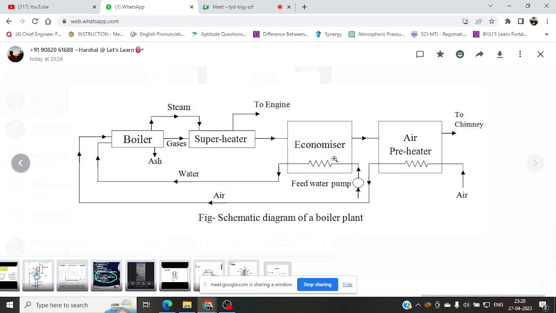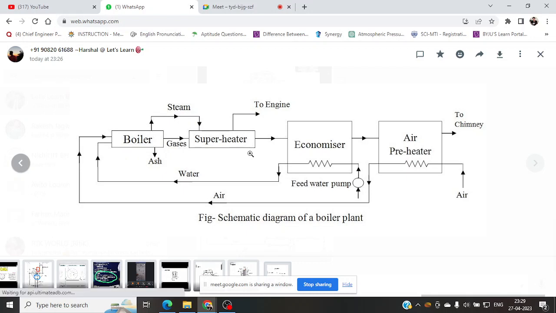In the economizer we have the feed water, which is getting heated, and the heated water is going into the boiler. So the boiler has to give less heat, and the steam generation time will be lesser if you preheat.